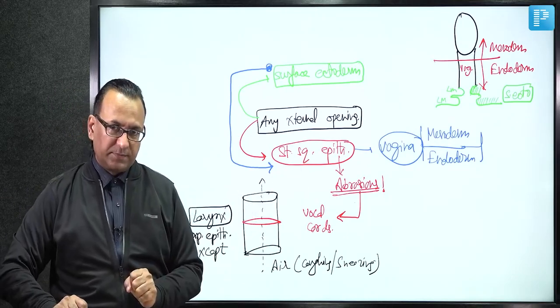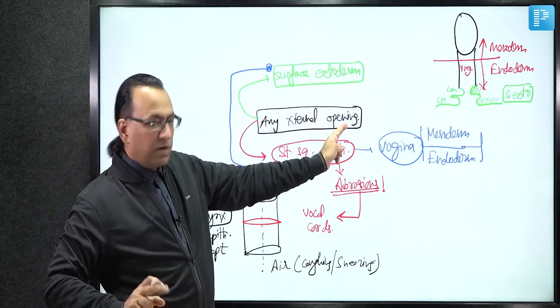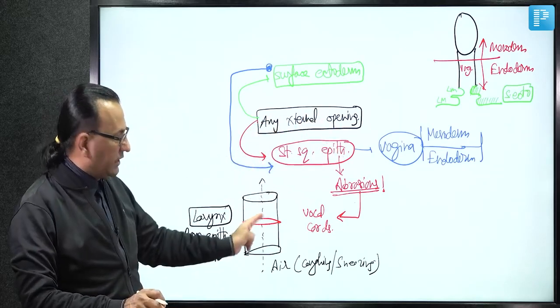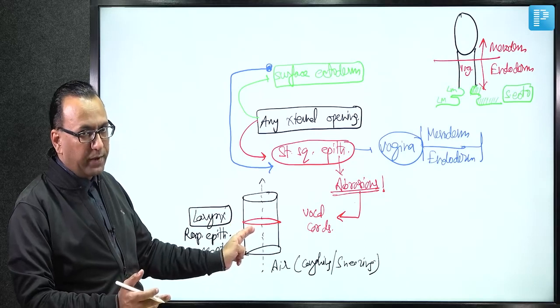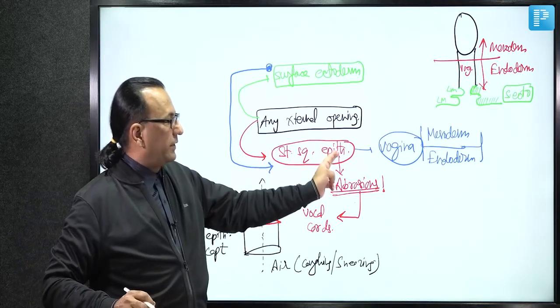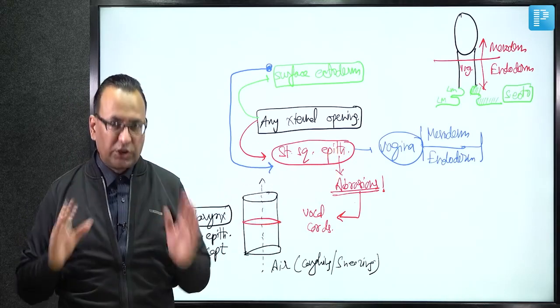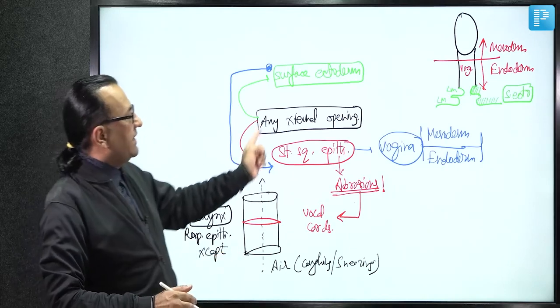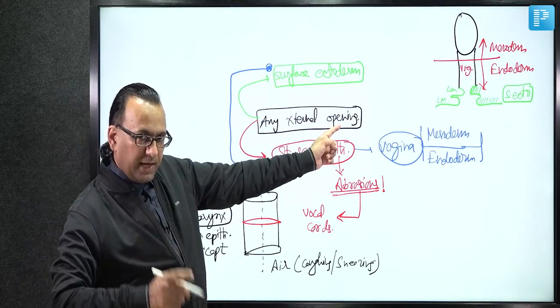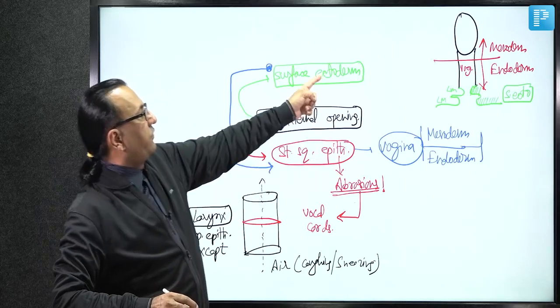So, what is the exception here? See, we have mentioned the stratified squamous epithelium is present on external opening. But then, is vocal cord an external opening? No, it is an internal opening. So, even internal openings can have stratified squamous epithelium, and they are the exceptions. So, overall, generally speaking, when we say any external opening, it must be lined by the stratified squamous epithelium. It must be lined by surface ectoderm.